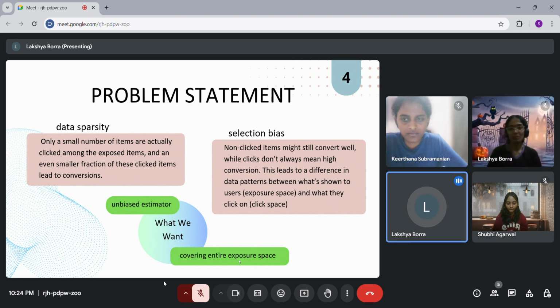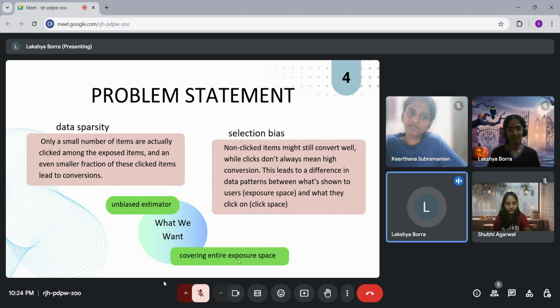And then one more problem is the selection bias. As the name itself indicates, it is the bias in the selection. The user might actually want to buy something, but the ad might not be appealing. Even though the user wants to buy it, he might not end up buying it. From this, we can imply that having a higher CTR might not always imply having high CVR, and having lower CTR might not always imply having lower CVR.